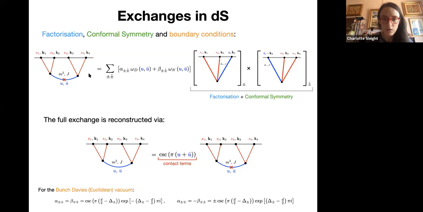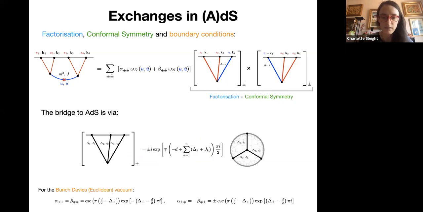And given the universal form that we've seen that exchanges both in ADS and DS take within this framework, the precise linear combination of Dirichlet and Neumann ADS exchanges that appear in the given de Sitter exchange can be straightforwardly determined using the relation that we saw a few slides ago between three-point contact diagrams in these two spacetimes.